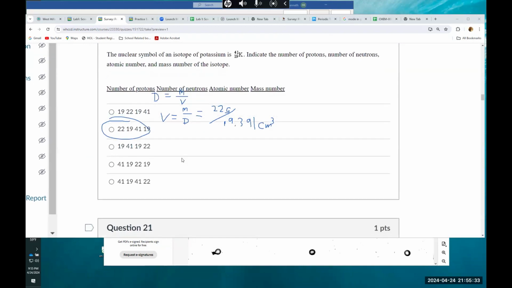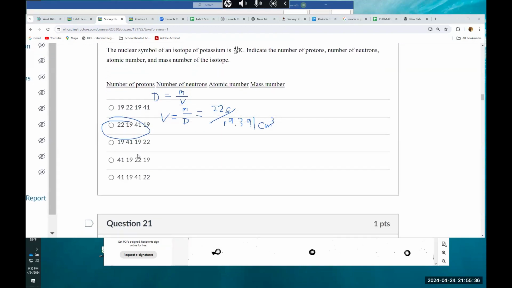Okay, let's see. The nuclear symbol of an isotope of potassium is 41K19. Indicate the number of protons, neutrons, atomic number, mass number of the isotope in that order. Okay, 19 protons. You guys agree with that one?